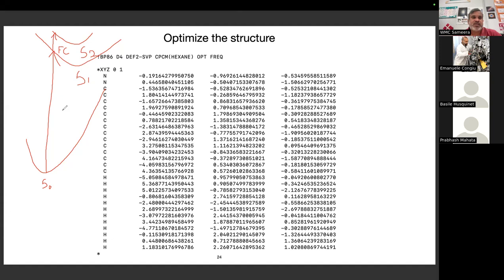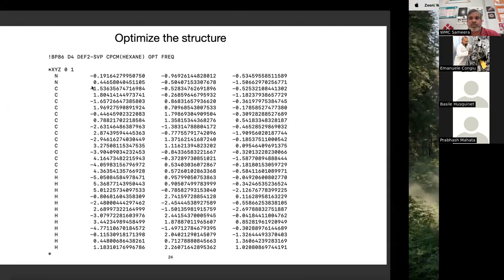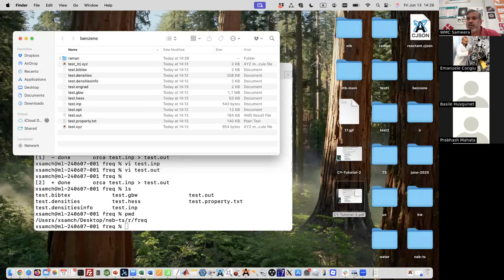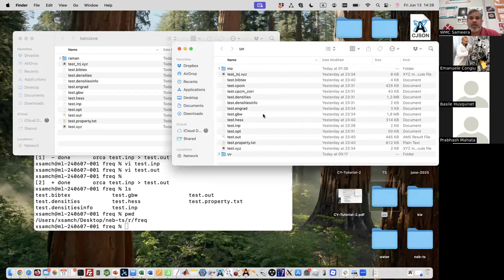The first step is again optimization. We optimize the molecular structure. So let's check whether I can copy. Right, okay.